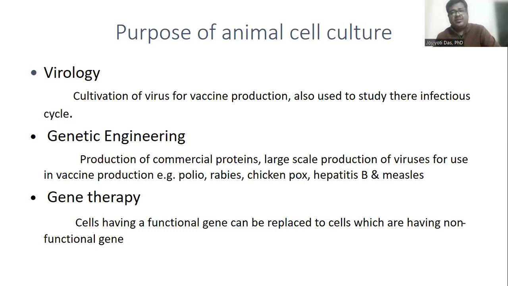So for those viruses which grow in specific animal cells only, you can bring those cells in your laboratory from the cell repositories, and you can study by infecting that particular cell with the particular virus, and you can see what are the phenotypic changes. You can study the protein expression levels, and you can figure out the pathway through which the changes are taking place. And you can also cultivate the virus in host cell, because viruses will always need a host to multiply.